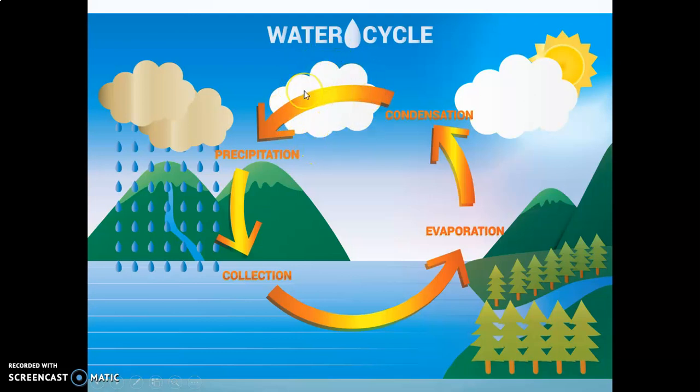Then when the drops of water become too heavy for the clouds to hold them, the water falls from the clouds, which is called precipitation, and then the water falls back to the oceans and the seas and the rivers and the lakes, and sometimes as groundwater, and this is called collection. Then it evaporates again, and the water cycle goes on and on forever.